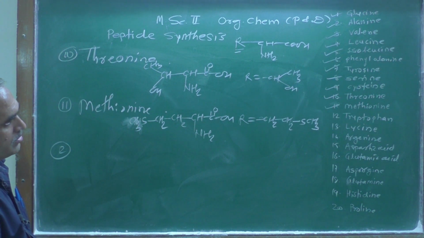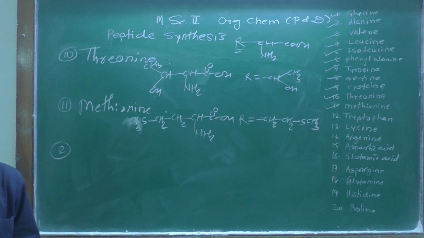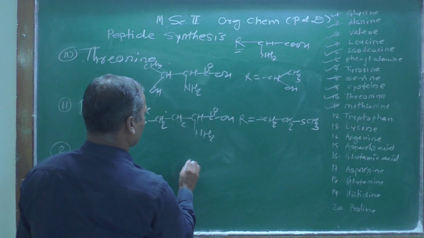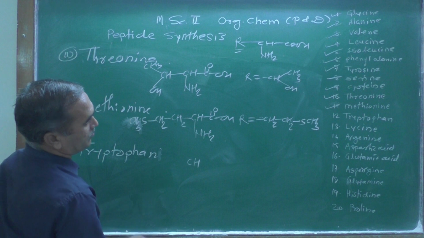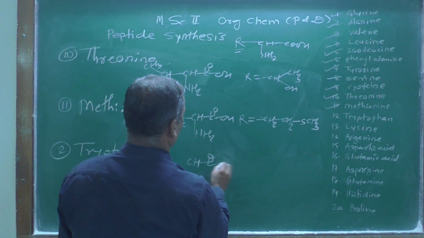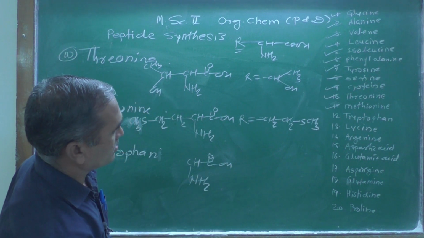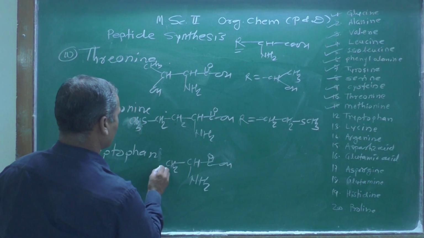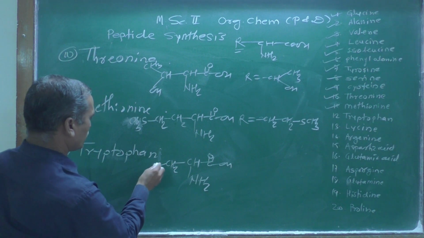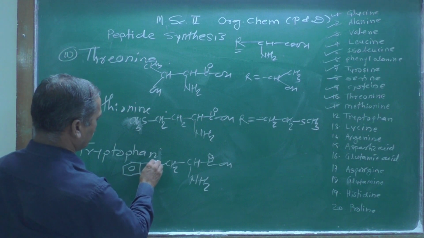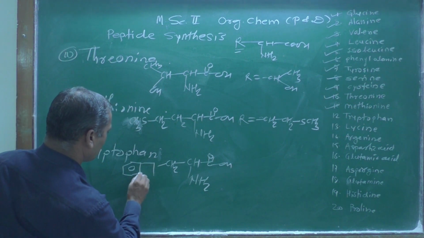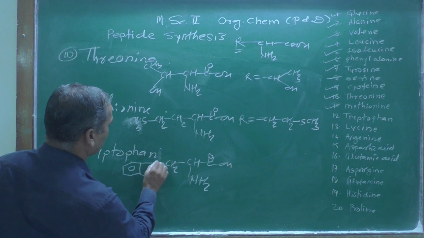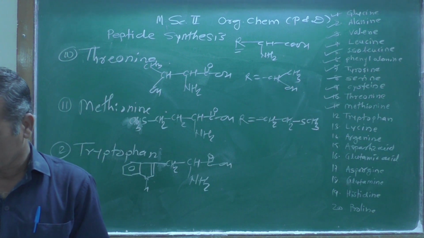The structure of tryptophan will be this one: this part remains as it is, CH, C double bond O, OH, then NH2, and attached here is CH2, and then a benzene ring attached to this, an indole type of structure, and therefore this is known as the structure of tryptophan.